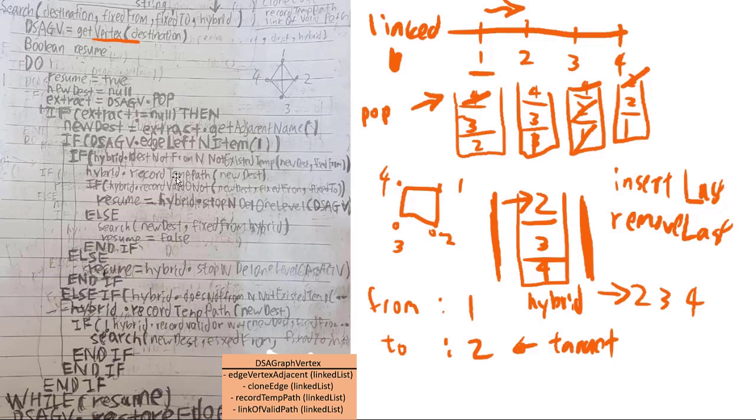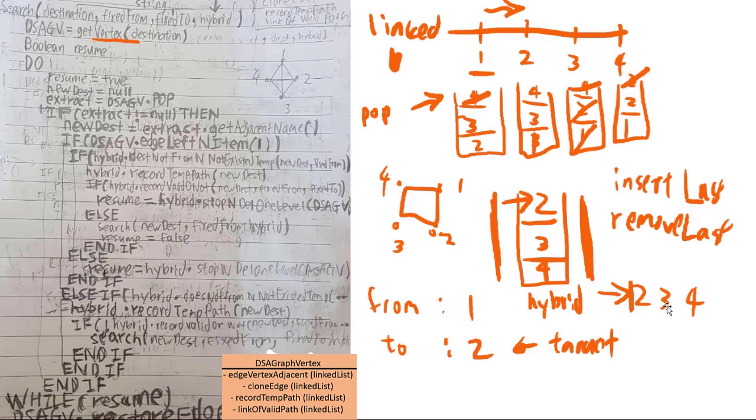And then when you found the path, you're going to insert the from destination. Where is the from destination? The from destination is in here, in this function. Okay, record valid or not. If it's valid, then you're going to set the new destination in here.